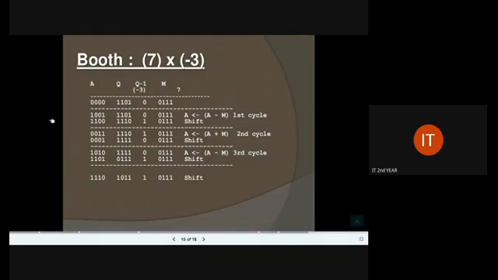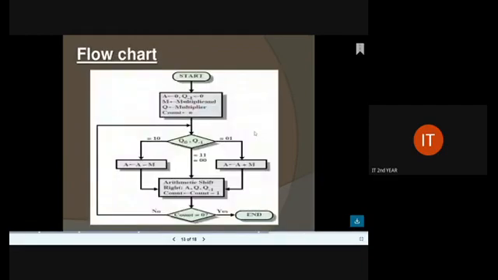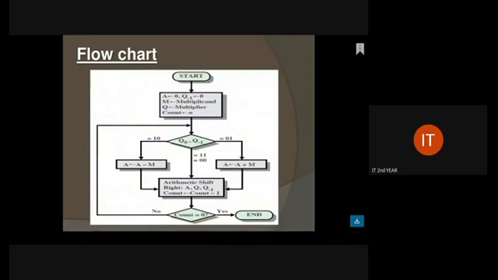Just a recap, we are dealing with 4 main points. First, we have to assign the values of A, Q, M and counter. Then we analyze whether the Q0 and Q-1 values are 0 0, 0 1, 1 0 or 1 1.